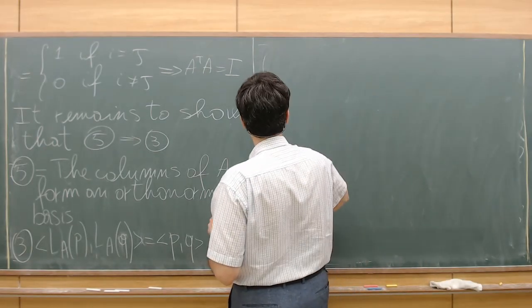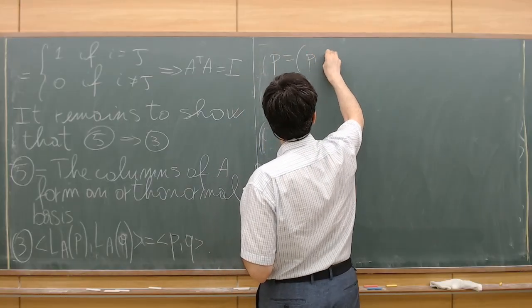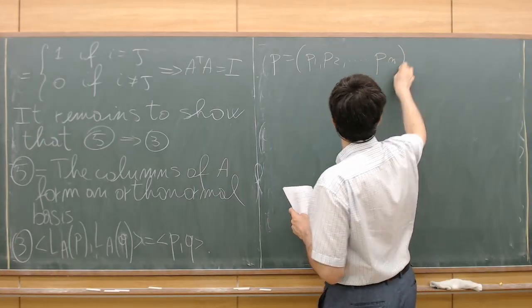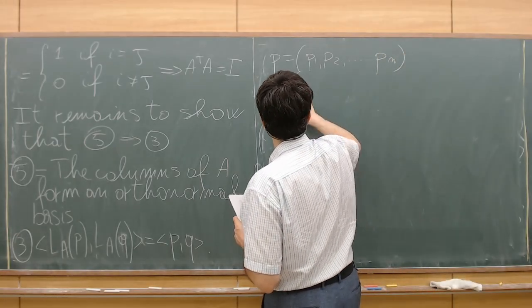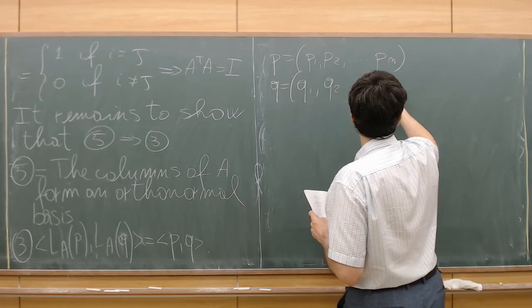Okay, suppose that P is the vector of components P1, P2, Pn, and Q is the vector of components Q1, Q2, Qn.